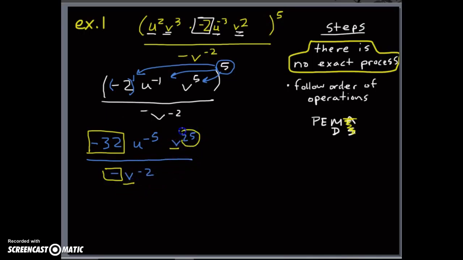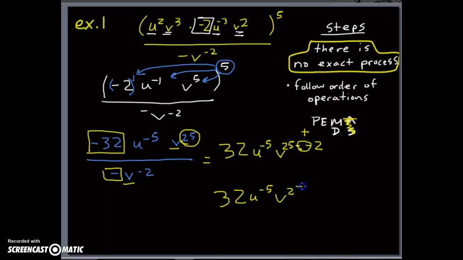And 25 is larger than negative 2, so we're going to keep the v and write the subtraction in the numerator. So this equals a positive 32, u to the negative 5th, v to the 25. Quotient rule, we subtract the exponents. Minus a negative 2. A double negative is a positive. So we've got v to the 25 plus 2, so we can rewrite our answer as 32.